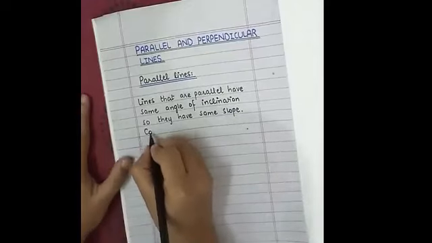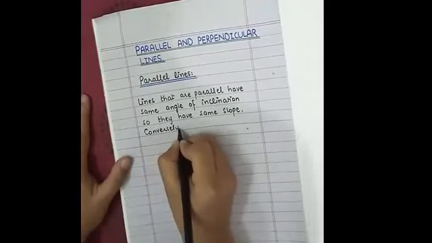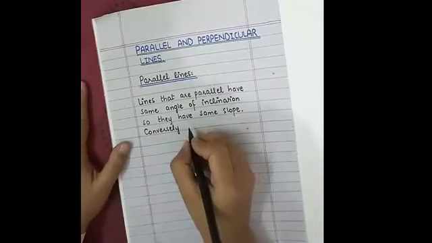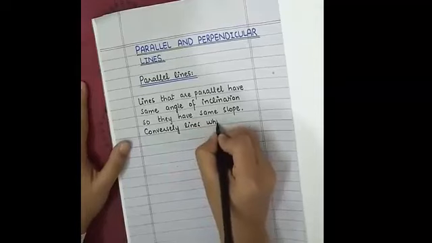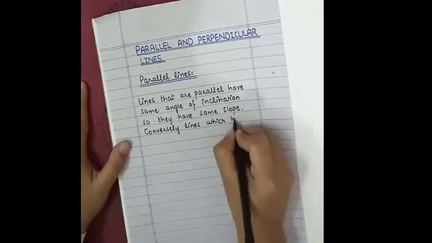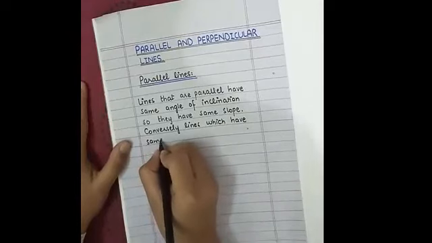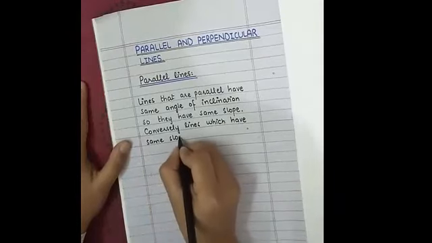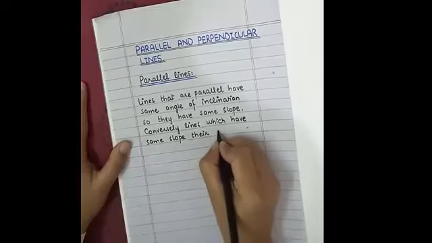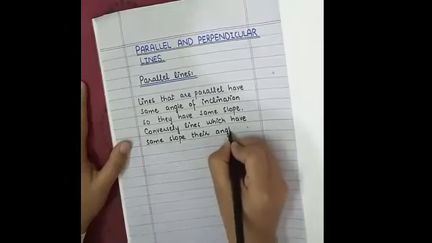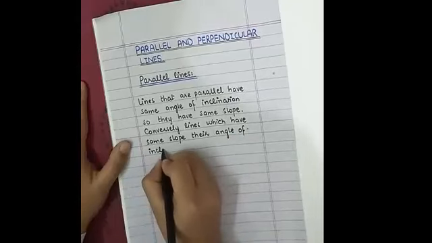Conversely, lines which have the same slope, their angles of inclination are equal.